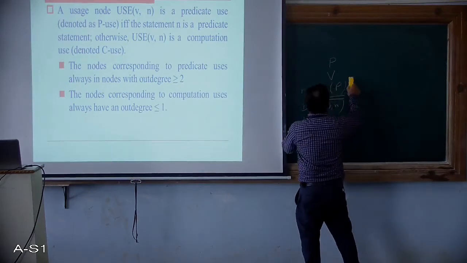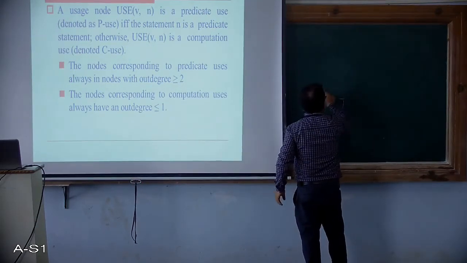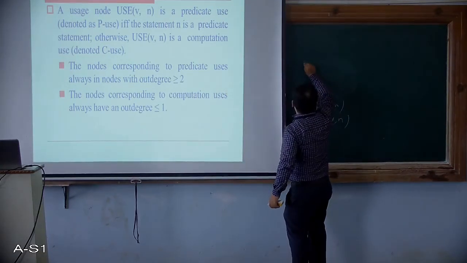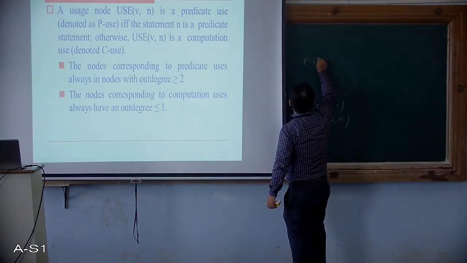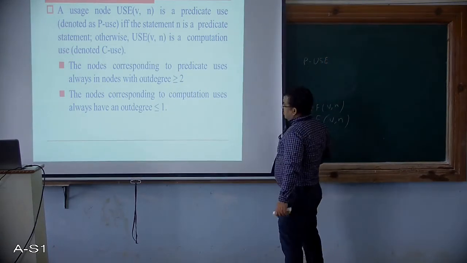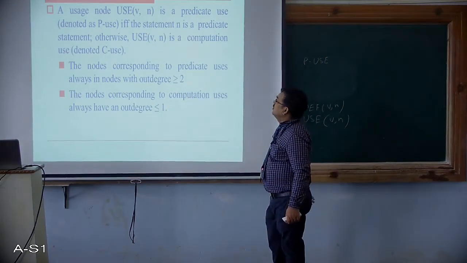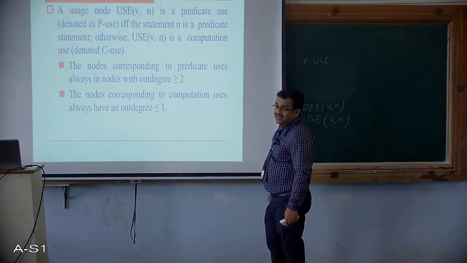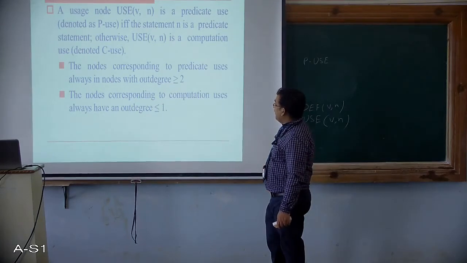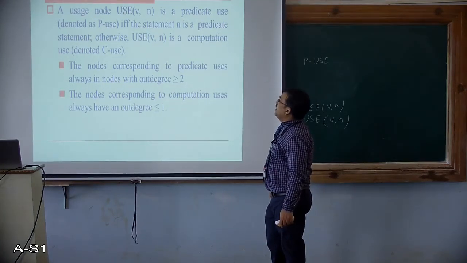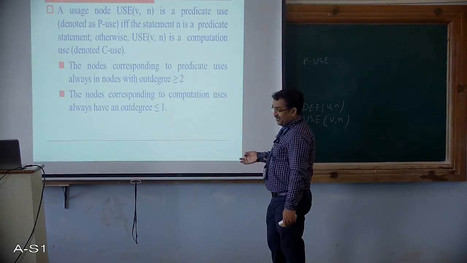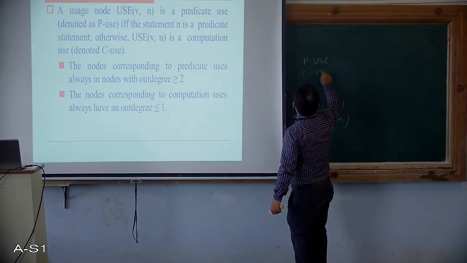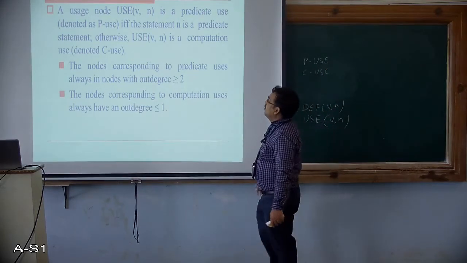So we have the P-use, predicate use, which is the usage node that indicates a predicate statement. If it is not a predicate statement, it is called a C-use.